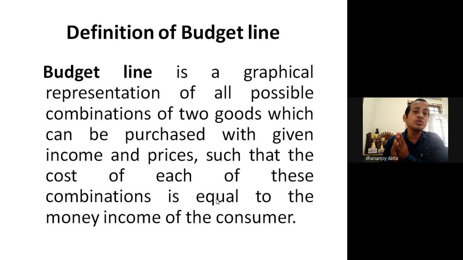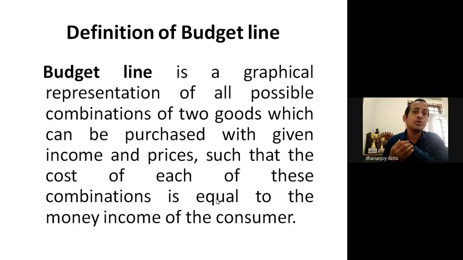Here we will study the purchase of a combination of two goods within a budget limitation. For that we'll go through the budget line graph, then we'll discuss the slope of budget line, then the shift of budget line. So at that time it will be more clear to you.